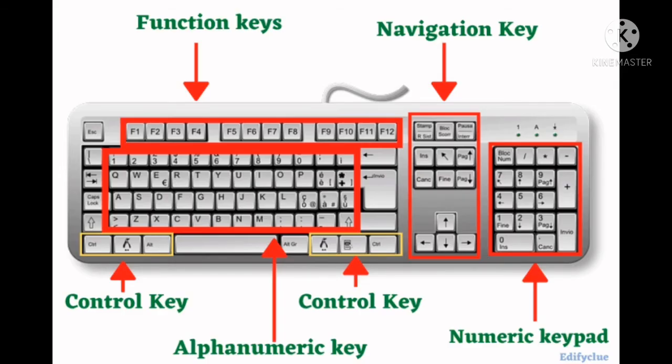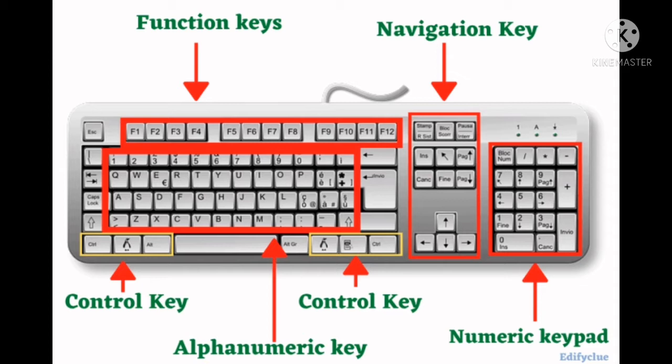A keyboard is used to enter data and instructions into the computer by typing. The standard keyboard has over 100 keys which can be divided into 4 groups: typing keys, that is alphabet keys and numeric keys; function keys F1 to F12; navigation keys, which are used to change the position of the cursor.